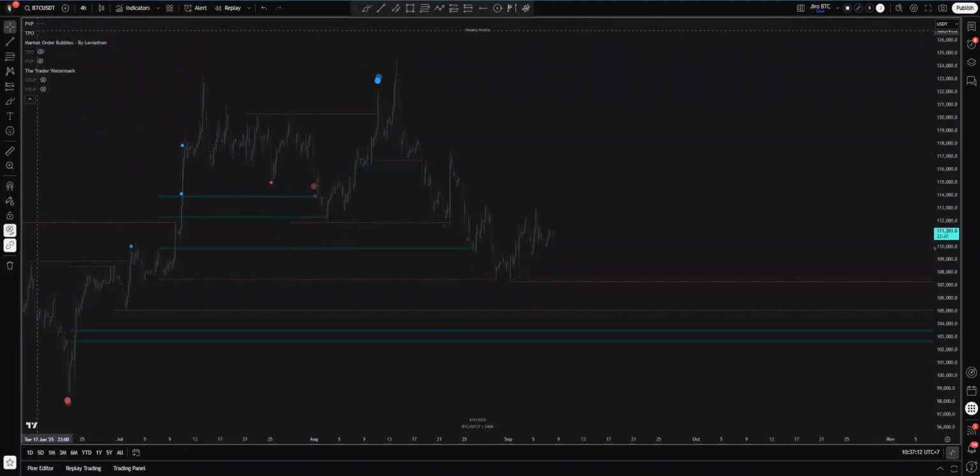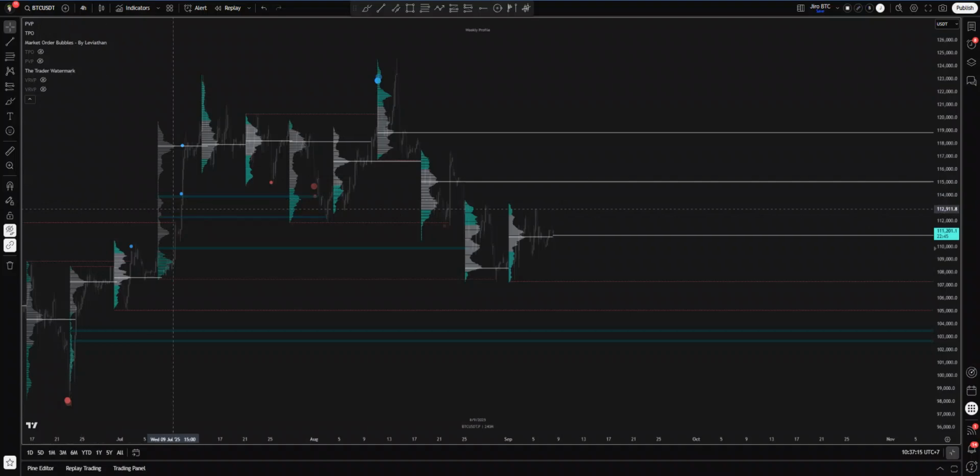Let's cut this drawing and turn up the PVP to see a previous week value area. Not sure why these breaks happen, but yeah, previous week's POC is below here of the last 2 weeks.